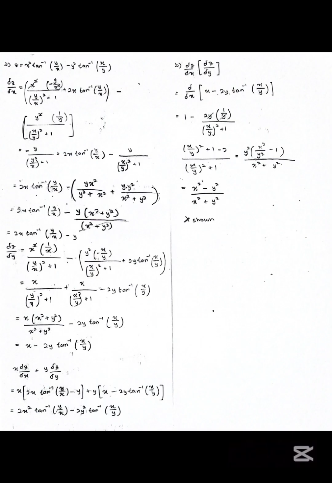And if z equals x square tan inverse of y over x minus y square tan inverse of x over y, for part A, we differentiate the z equation with respect to x, and we get 2x inverse tan y over x minus y. Then we differentiate the z equation with respect to y, and we get x minus 2y inverse tan x over y.